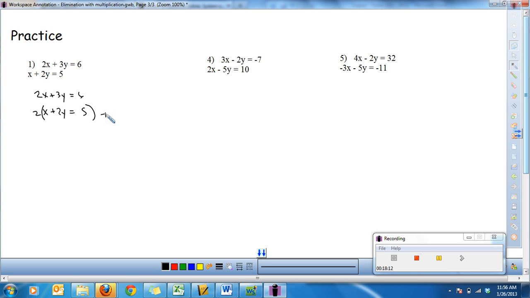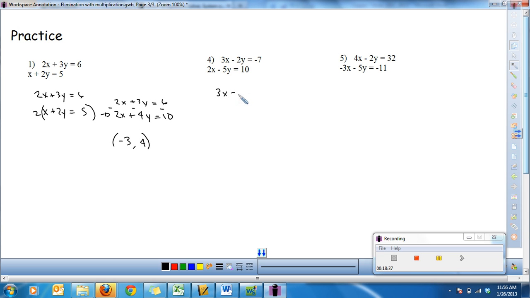That would have made this become 2x plus 4y equals 10. And you'd have your top equation 2x plus 3y equals 6. You could have gotten rid of these two x's by subtracting everything else, which would have given you a solution of -3, comma 4.